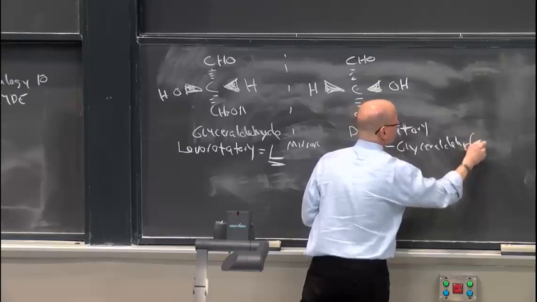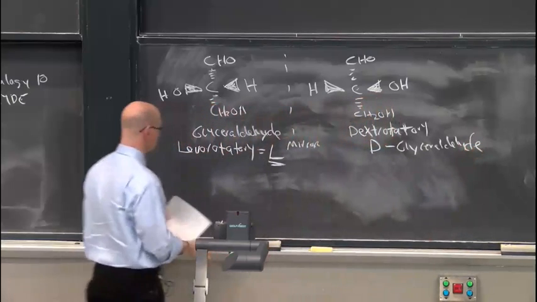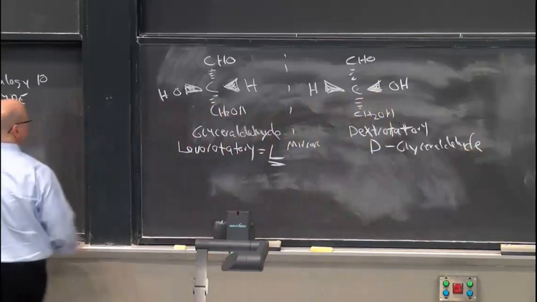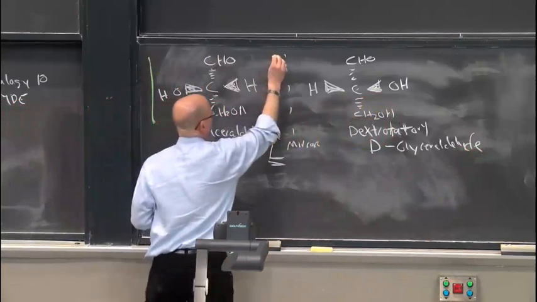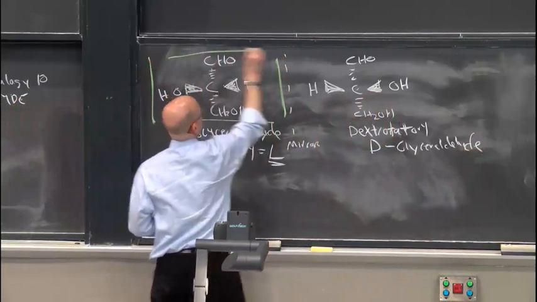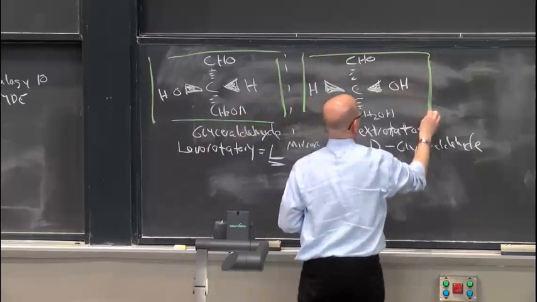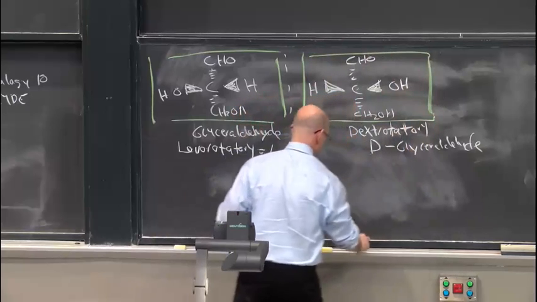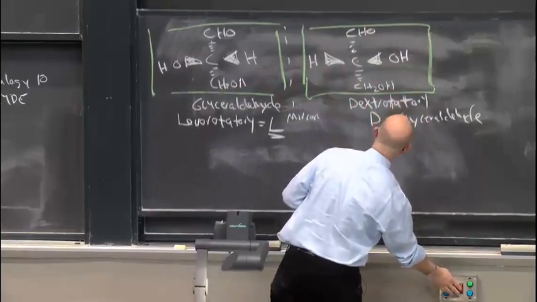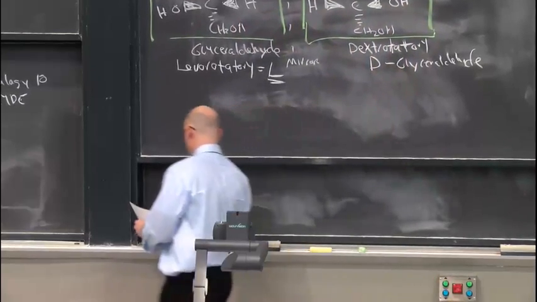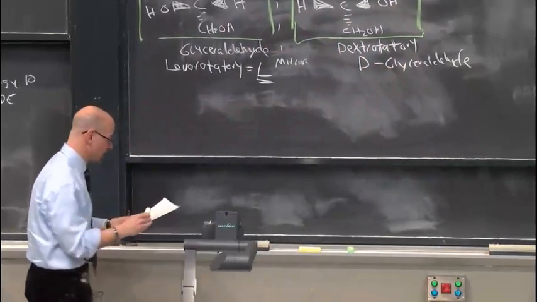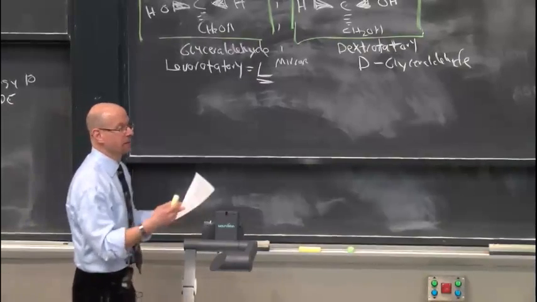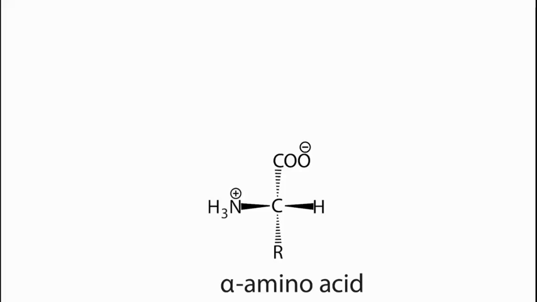And then what people did was, based on these configurations of glyceraldehyde, use analogies between glyceraldehyde and amino acids in order to decide whether an amino acid was L or D form. If I look at the amino acids that we find in real proteins, they look like this.